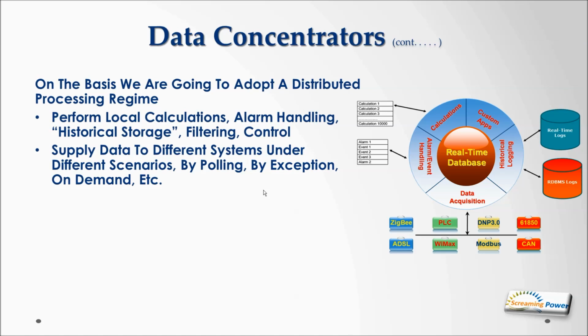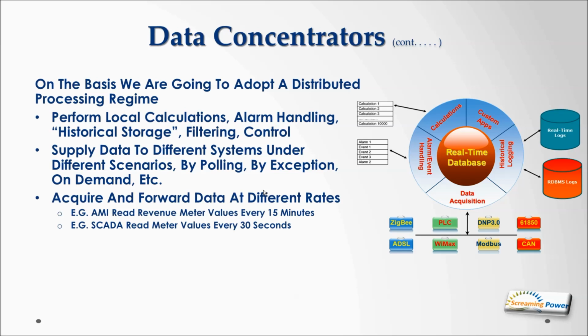The data concentrators need to supply data to different systems under different scenarios. Some systems require the data concentrators to be polled, others would like to acquire the data by exception, in other words when something has changed, and some others on demand, in other words just sit there and wait until I ask for a file, and that will then be passed.